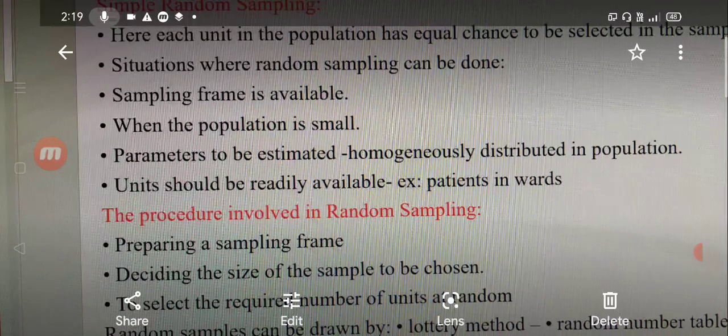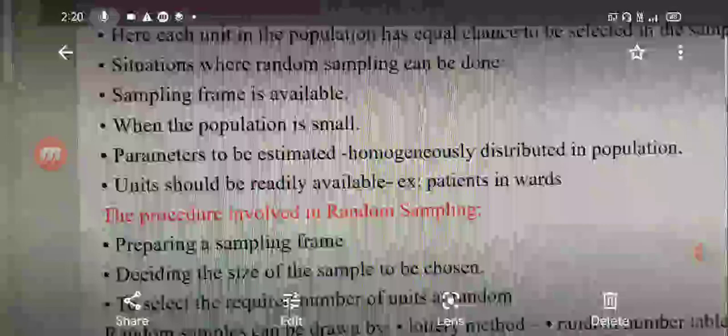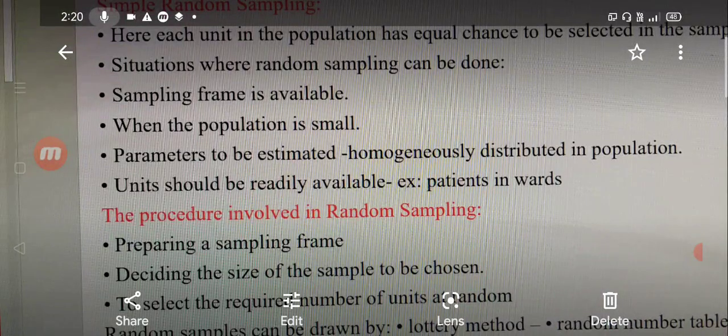And there is a procedure for simple random sampling. If we discuss the procedure, first is the preparation of the sampling frame, and based on the frame, the researcher can select the sample size. For example, the respondents are 100, and we need only 10 respondents.